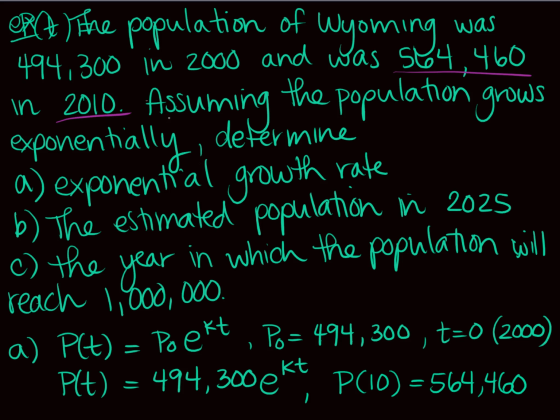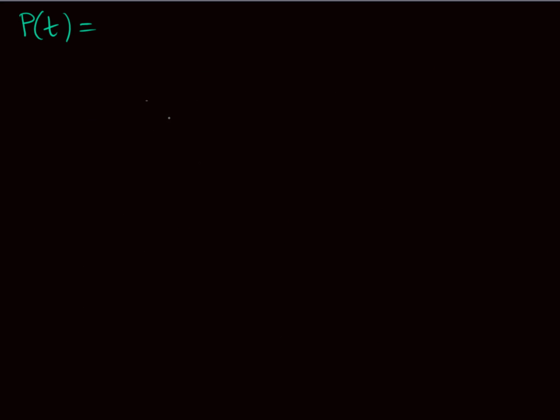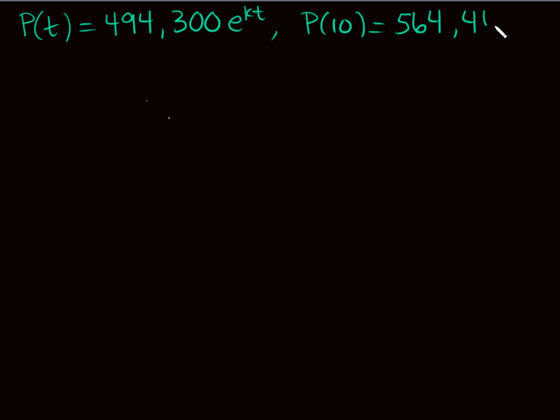Let me clear this out really quick. So this is A continued. Again, I know P of t is 494,300 e to the kt, and P of 10 equals 564,460.